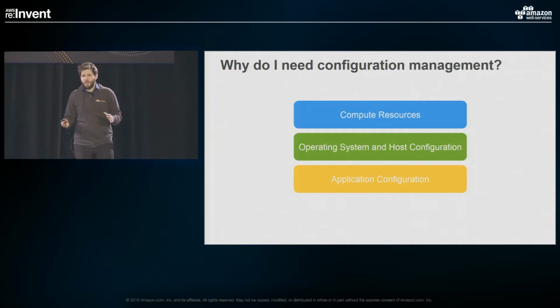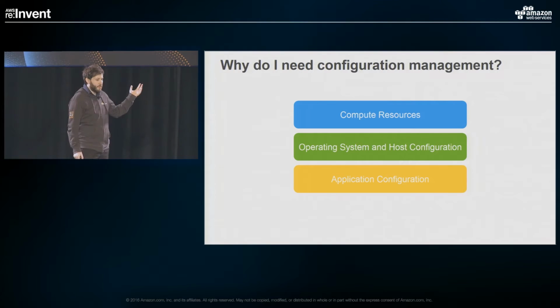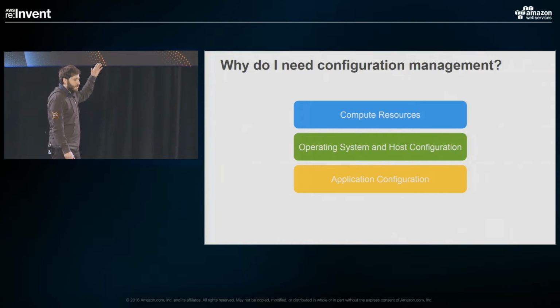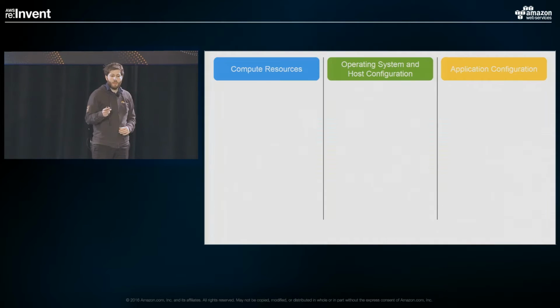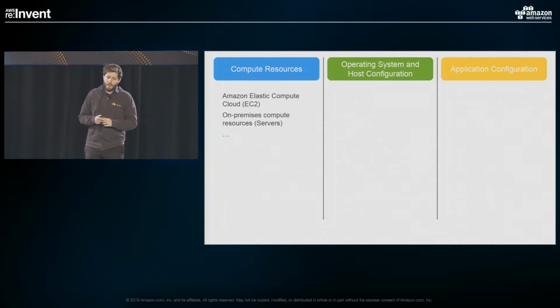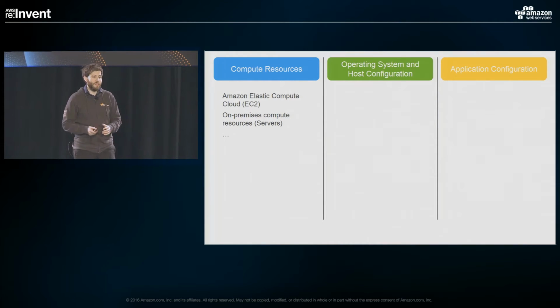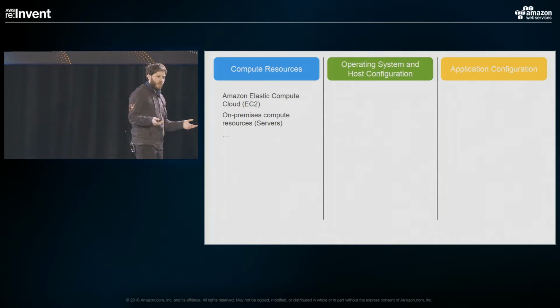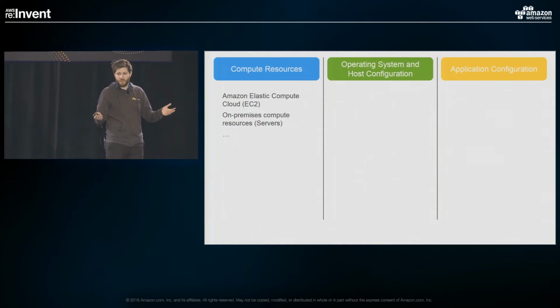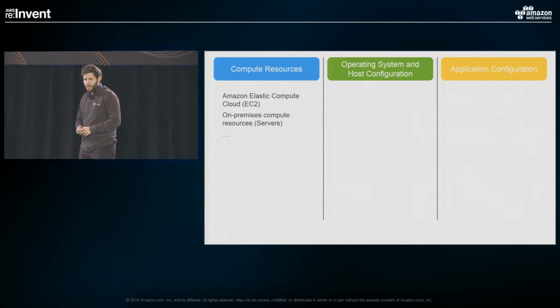To give you some sense of direction of where configuration management actually fits, I'd like to use this following illustration that has compute resources, operating system and host configuration, and application configuration. So, on the compute resource front, I have Amazon EC2 instances. I have servers, even in your own data centers. We have servers in other cloud providers, and even a virtual machine running in your own desktop.